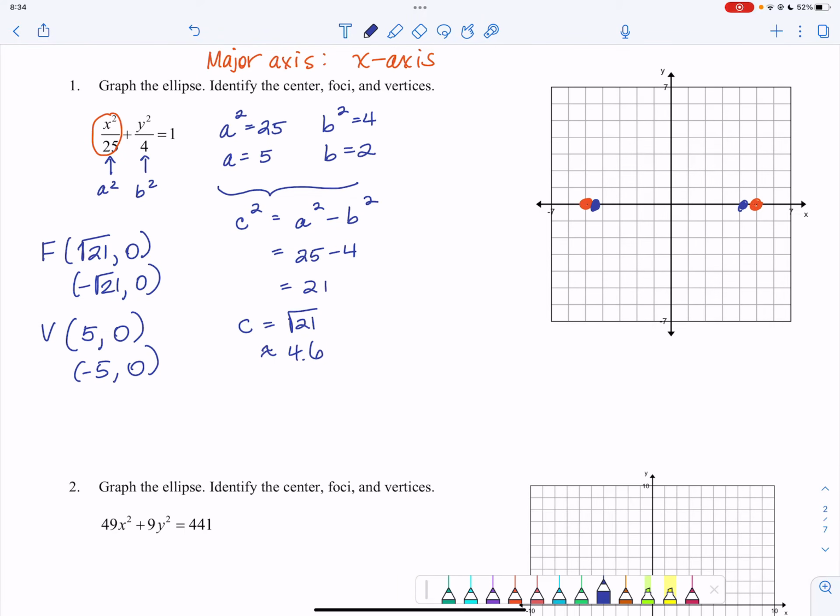And then we'll go ahead and find the endpoints of the minor axis. I'll go ahead and write them.